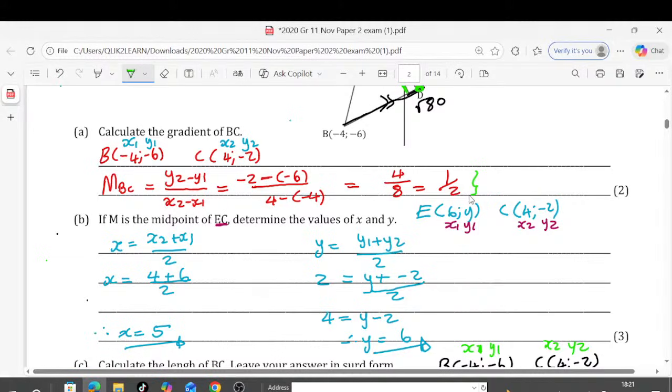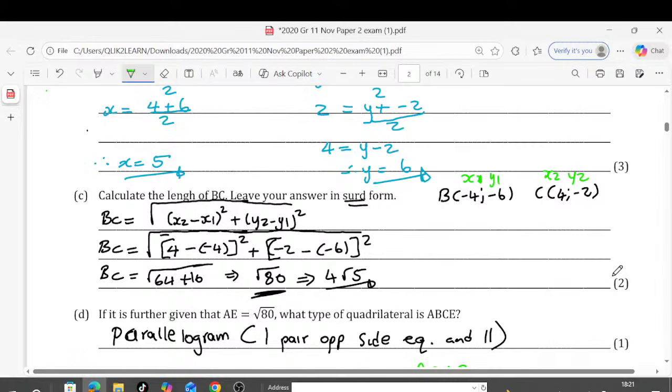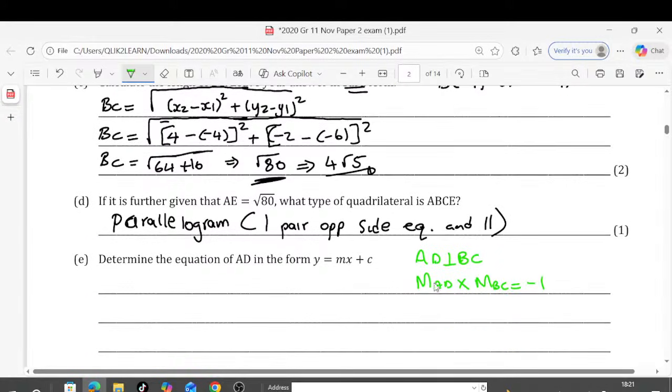So the gradient of AD will be the reciprocal of 1/2, which is 2, but remember it should be negative.